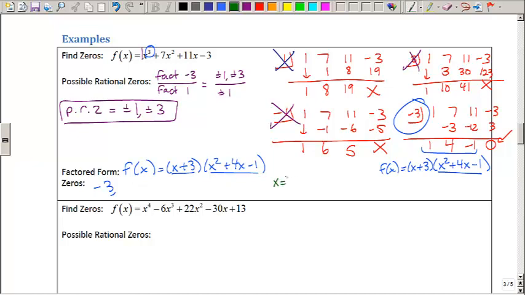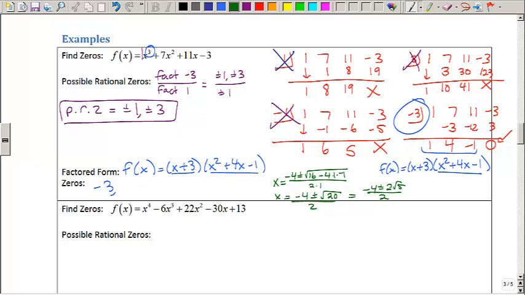So I do x equals negative b, which is negative 4, plus or minus the square root of b squared, 4 squared is 16, minus 4 times 1 times negative 1, all over 2 times 1. 16 plus 4 is 20. The square root of 20, which is 4 times 5, is 4 plus or minus 2 square roots of 5 over 2.